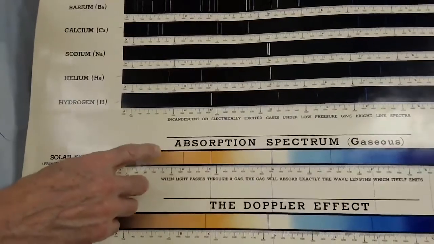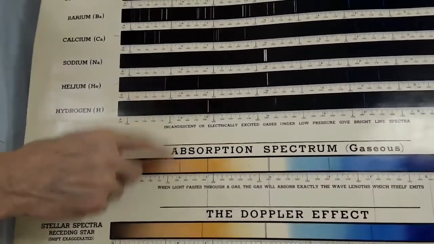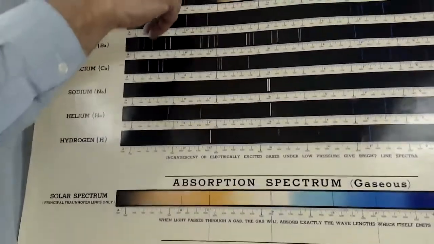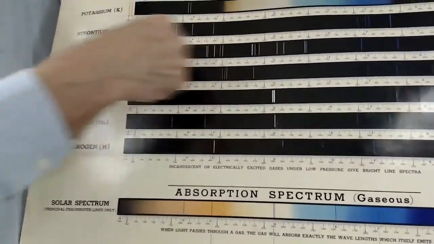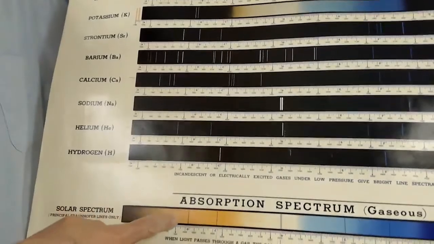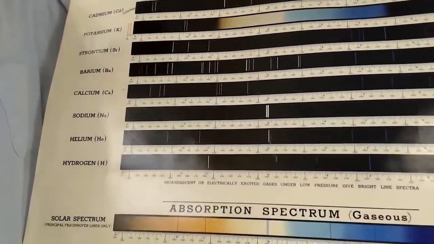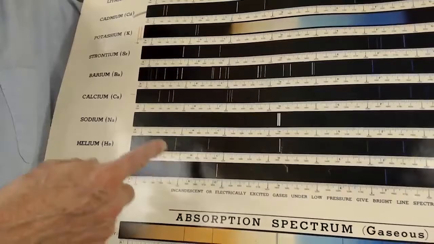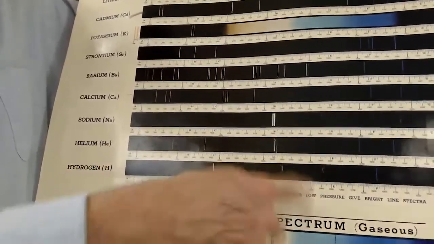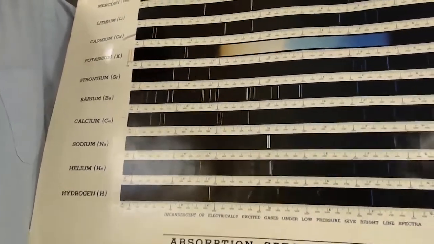The point is, it's kind of the opposite of a bright line spectrum. You have here a dark line spectrum. Instead of only certain special wavelengths being present, only certain special wavelengths are absent. You have a continuous spectrum with dark lines going across it at certain wavelengths.